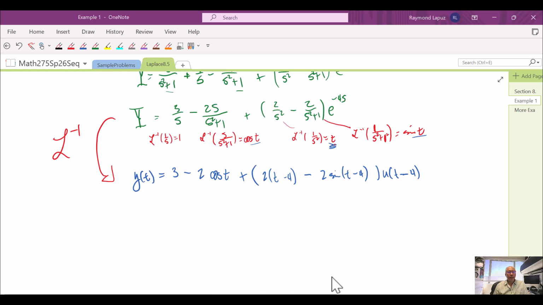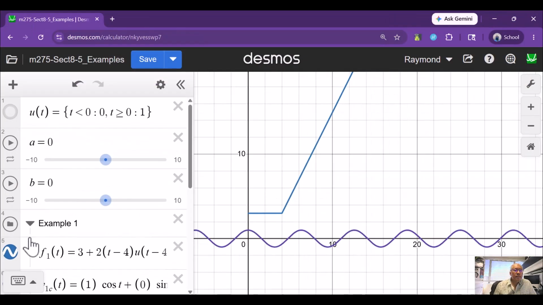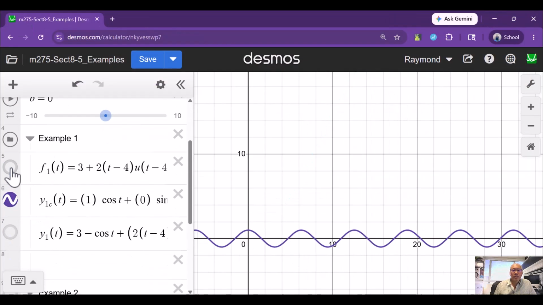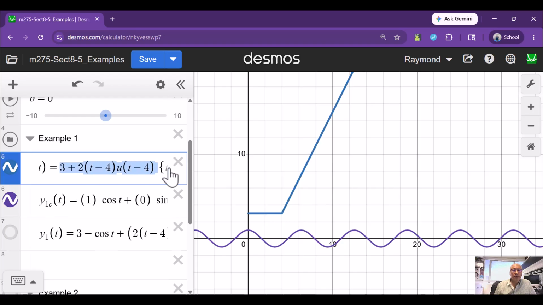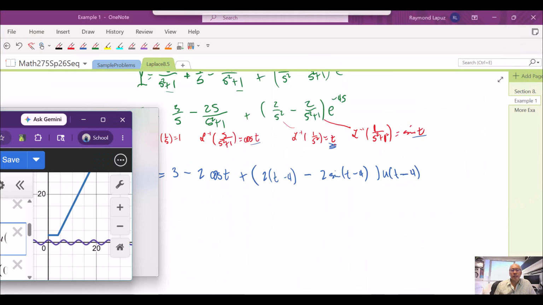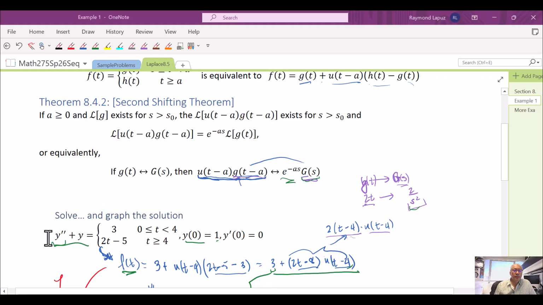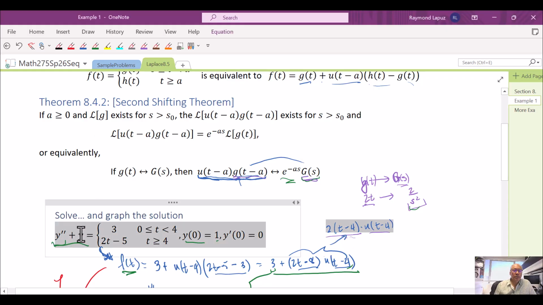Let me see, I think I have the graph of this here. The graph in blue is the original forcing function. It goes up and then goes up. I also included the graph of the solution to the homogeneous differential equation. That is just this part here when this thing is set equal to 0.